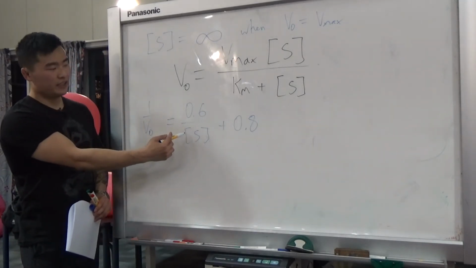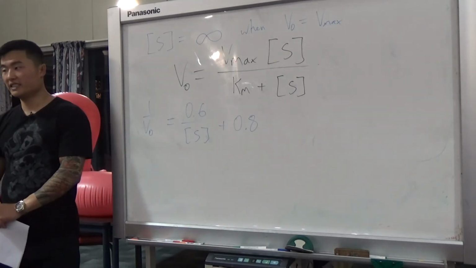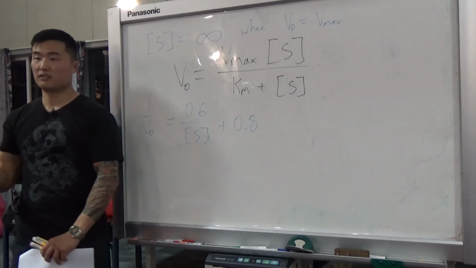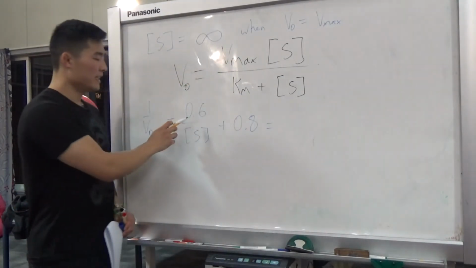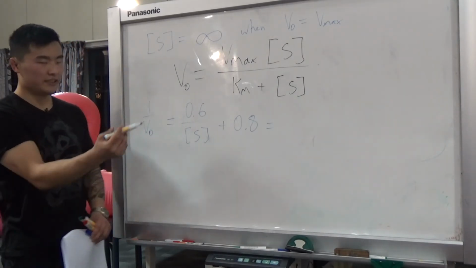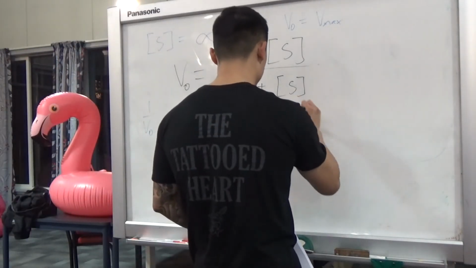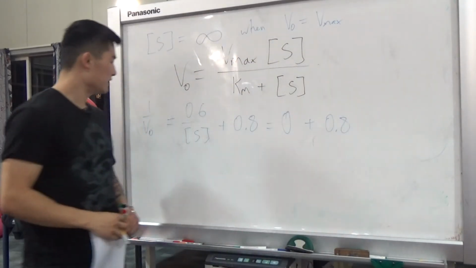So if you divide anything by infinity, what's the answer? Yeah, so if you divide 0.6 by infinity, it's just going to be 0. So it's the same as 0 plus 0.8.